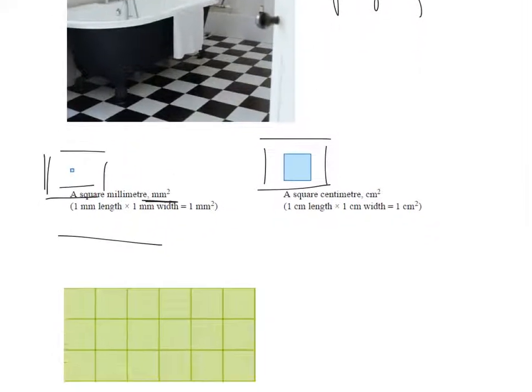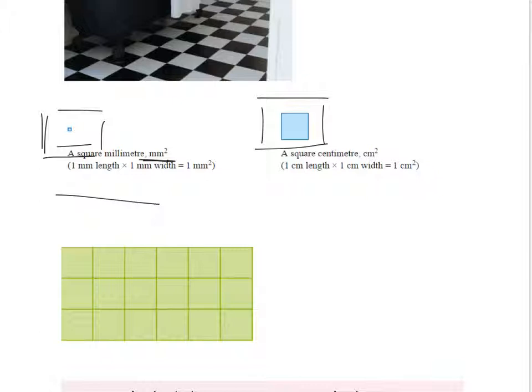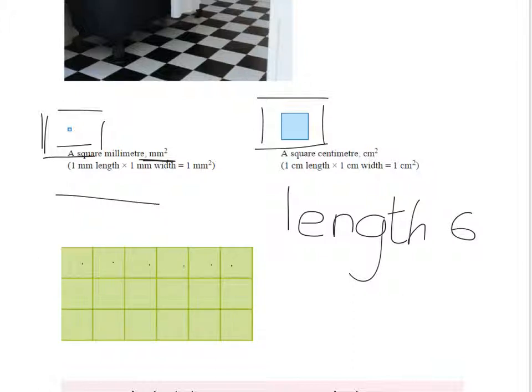All right. If we look at a block like this, we can see that this rectangle has got a length. So length is going to be your long part. Okay. It's got a length of 1, 2, 3, 4, 5, 6. And then it's got a width. And these are the two main areas we look at when we're doing area. Your length and your width.